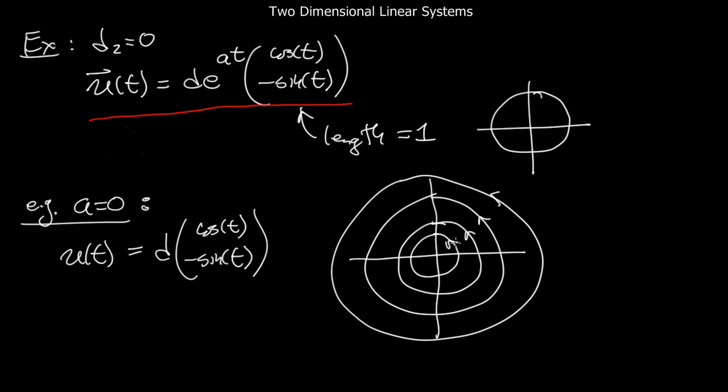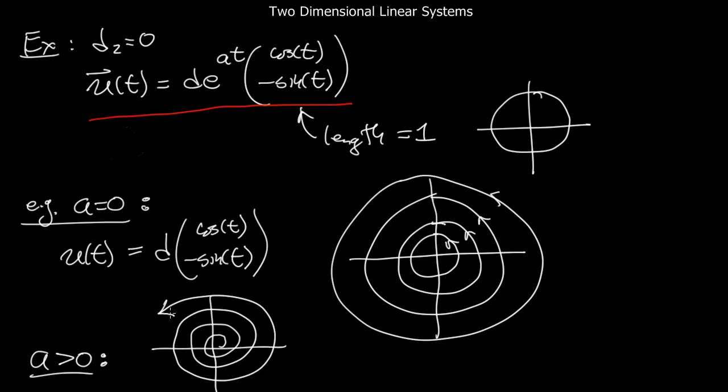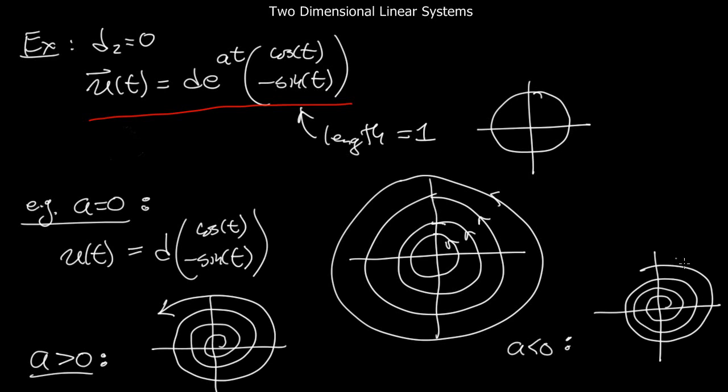And what happens if a is not 0? Well, if a was positive, then as time goes by, the radius gets bigger and bigger, and so what you get is a spiral pointing outward. On the other hand, if a is negative, it's the same picture, a spiral, except now the arrow is pointing inward.